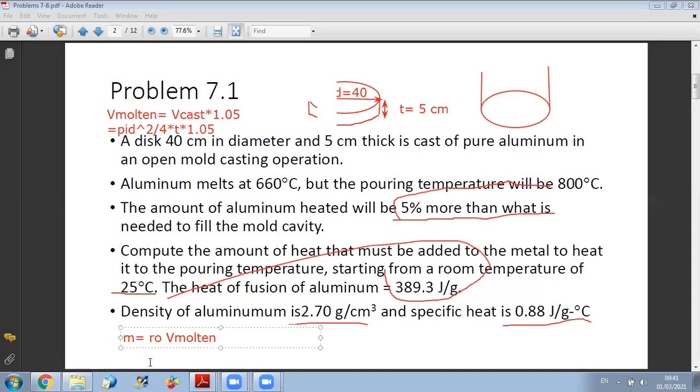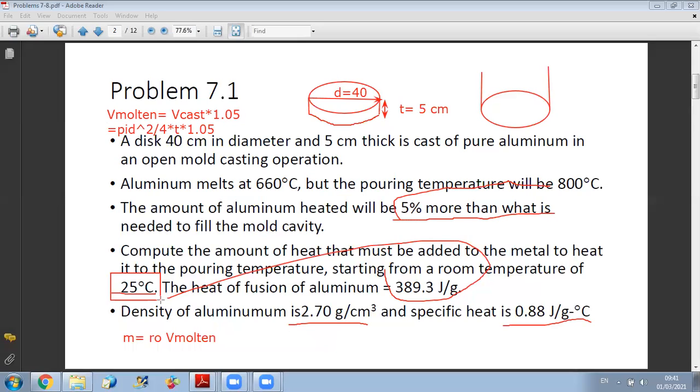So now we have calculated the mass of aluminum to melt. And the second information we need to calculate the total heat that should be provided is to know the initial and final temperature to reach. So they gave us that the initial temperature is 25 degrees.